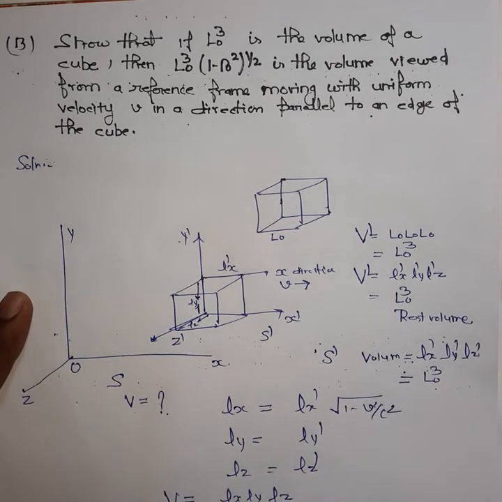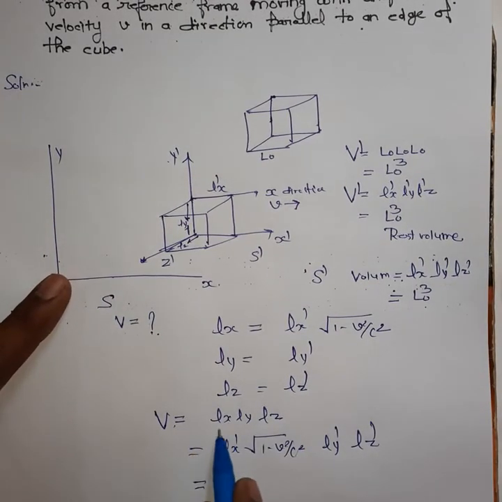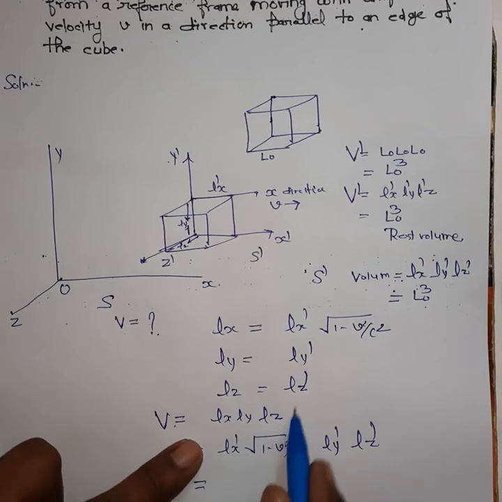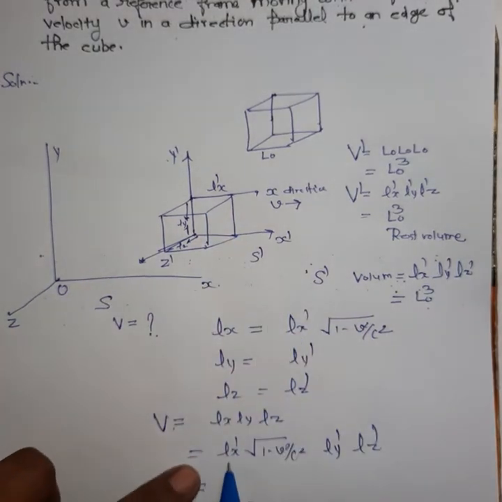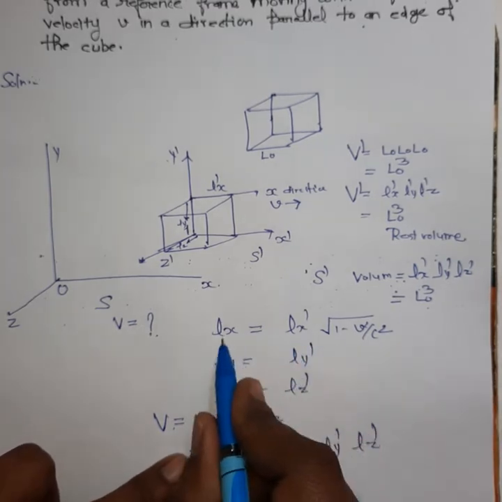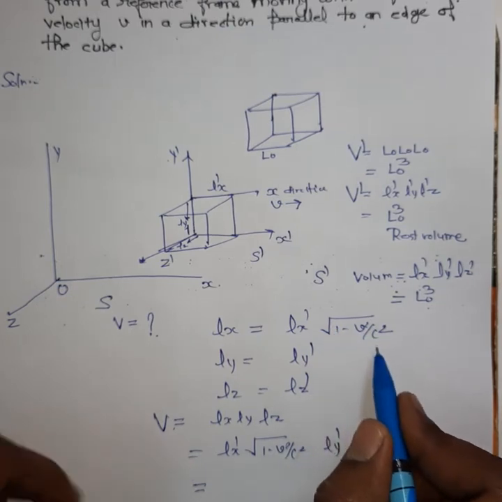So you can write it like this: Lx dash, Ly dash and Lz dash multiplied by the square root of 1 minus v square by c square.